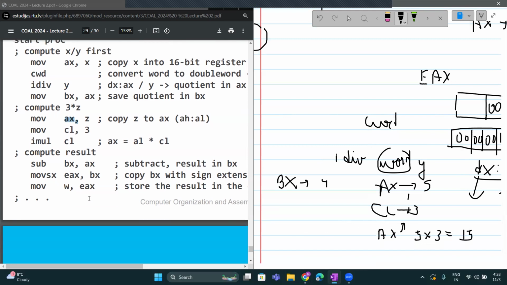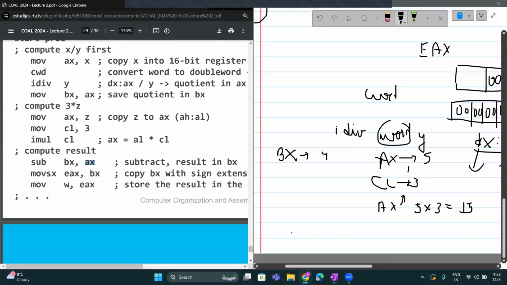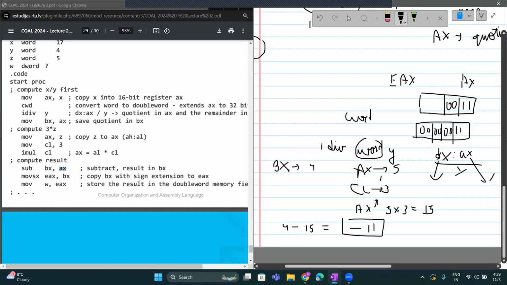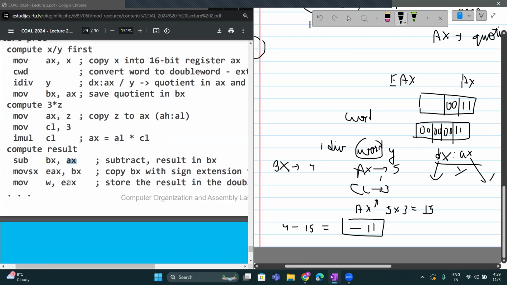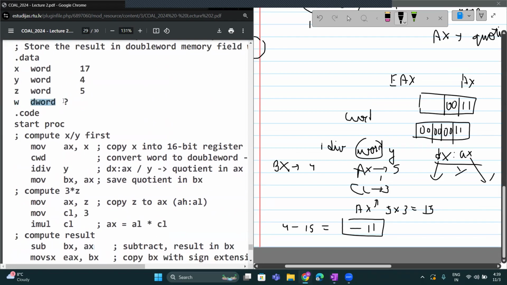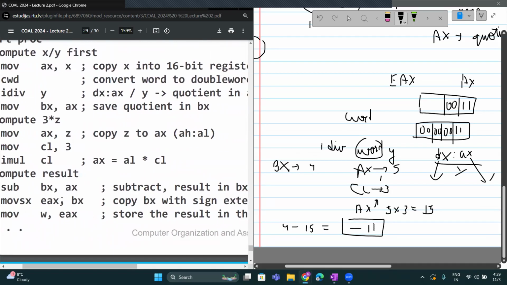Finally, we are subtracting BX minus AX. BX had 4, AX has 15, so 4 minus 15 is minus 11. And we also need to save it to W, which is a double word, but we have to convert it into a double word first.